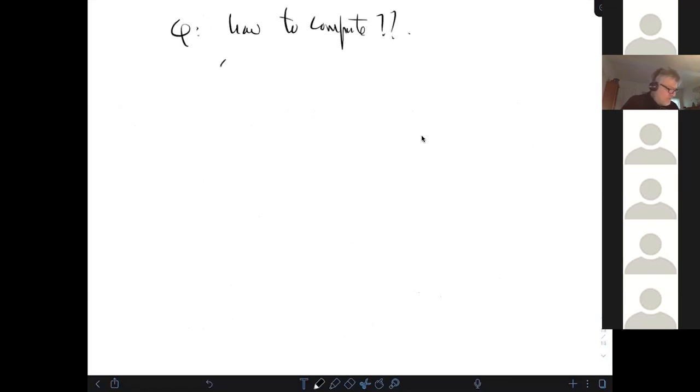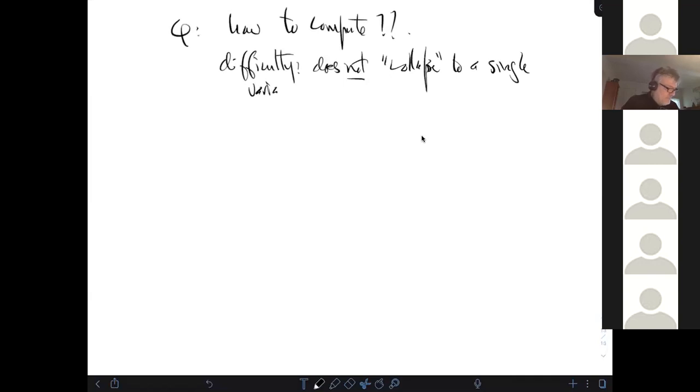The difficulty is that it does not collapse to a single variable like del f del x, del f del y.